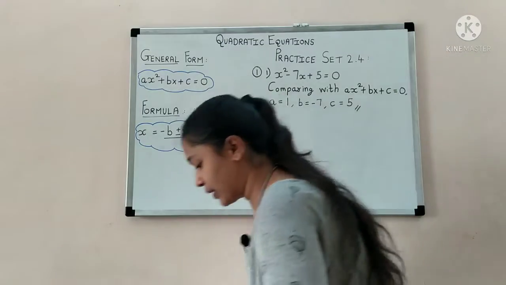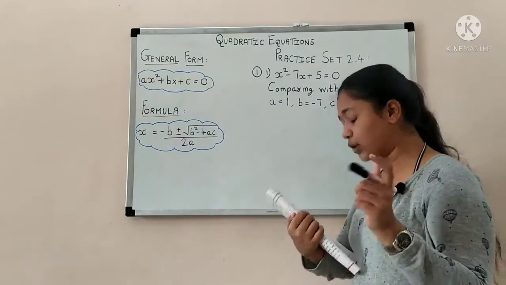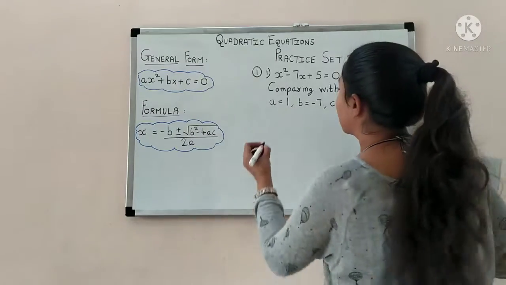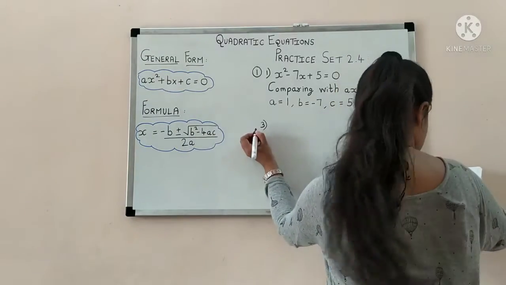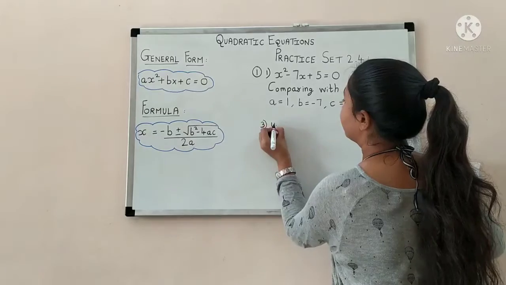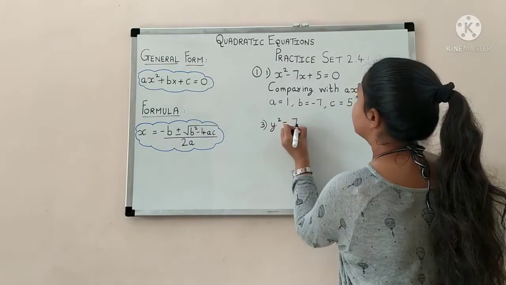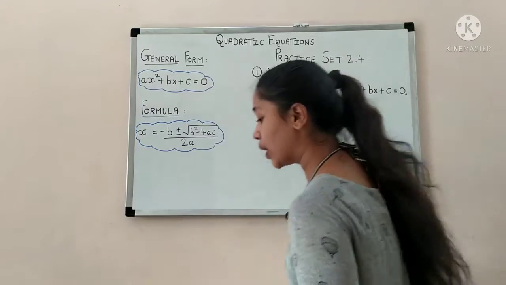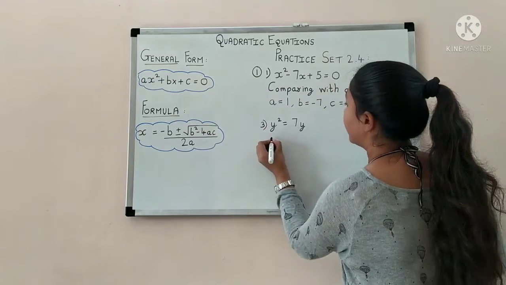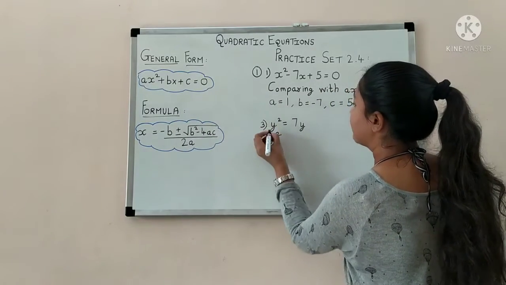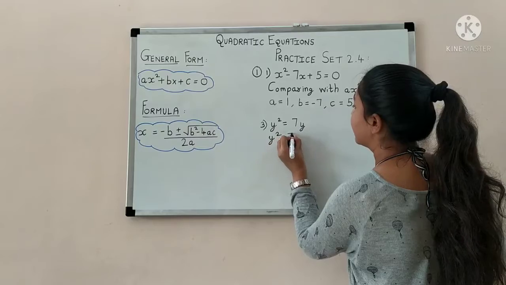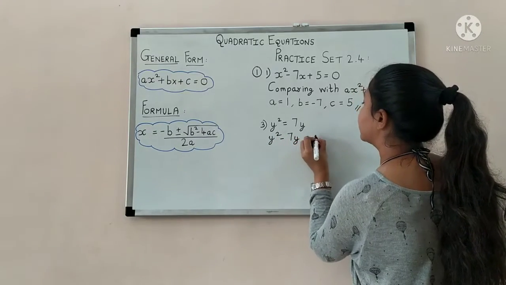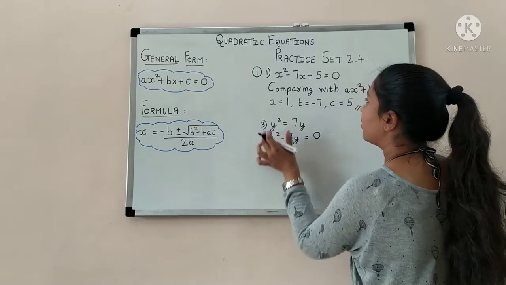So now see, I'll even solve the third one and the second one will be for homework. So the third one is y square is equal to 7y. Now here I'll take this 7y to the LHS, that is left hand side. So y square minus 7y is equal to 0. Now what we'll write?